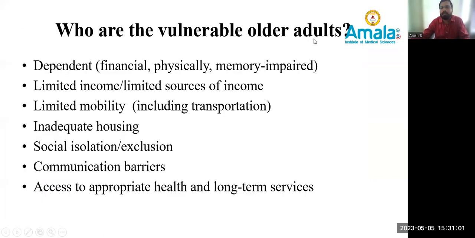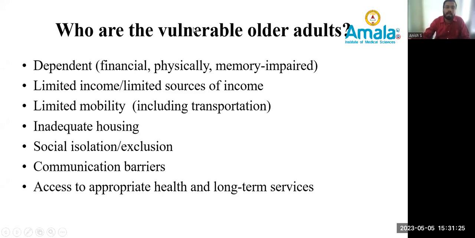Who are the vulnerable older adults? Those are the dependent. They could be financially dependent, physically dependent, memory impaired as in dementia. Those with limited income or limited sources of income, with limited mobility, as with the 5 M's, inadequate housing, social isolation or exclusion, with communication barriers, and with less access to appropriate health and long-term services.